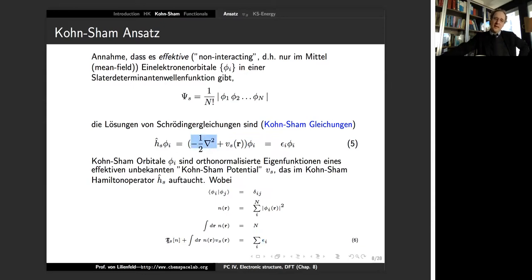So the total kinetic energy is your Ts, the Kohn-Sham kinetic energy, and you get this contribution from this Kohn-Sham potential, this Vs. Now, one very important difference to Hartree-Fock is that the Kohn-Sham potential, as you see it here, is just multiplicative. The exchange potential in the Hartree-Fock operator is not. We discussed this also. It introduces this non-locality and so on.